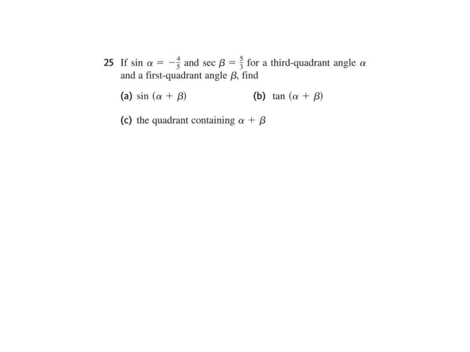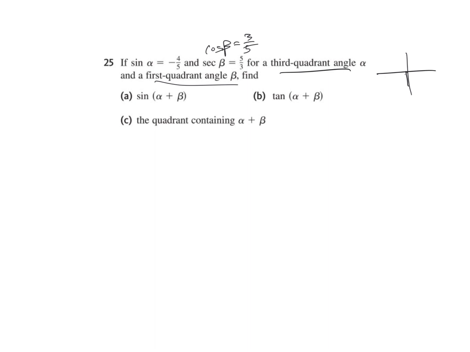Sine of alpha is negative 4/5. Okay, so negative 4/5, and secant is cosine. Cosine of beta is 3/5 for a third quadrant angle alpha and a first quadrant angle beta.